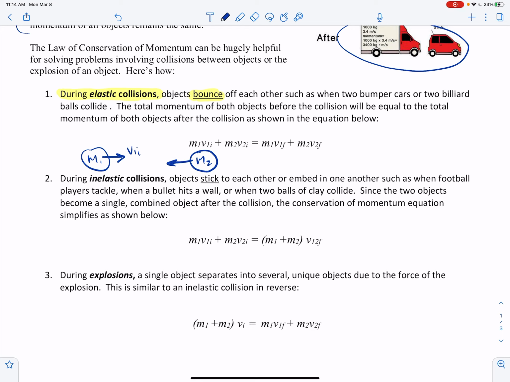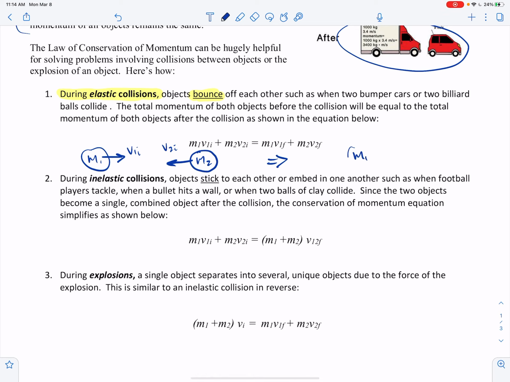So the two objects are moving towards each other, and it's got V2 initial, the initial velocity of the second object. Then they're going to collide, and they might come to a dead stop, or they might both move to the left, or they might both move to the right, depending on which one has more momentum. But the idea is that after the collision, we would expect new velocities.